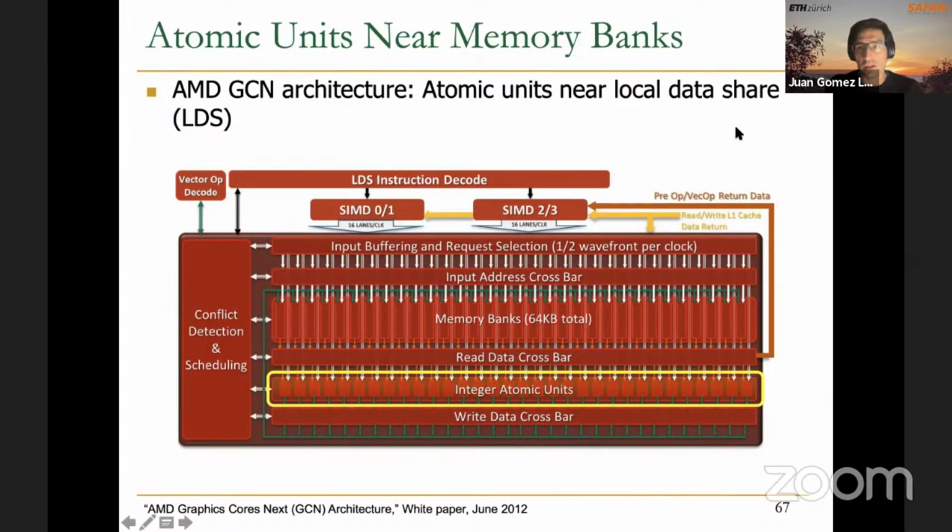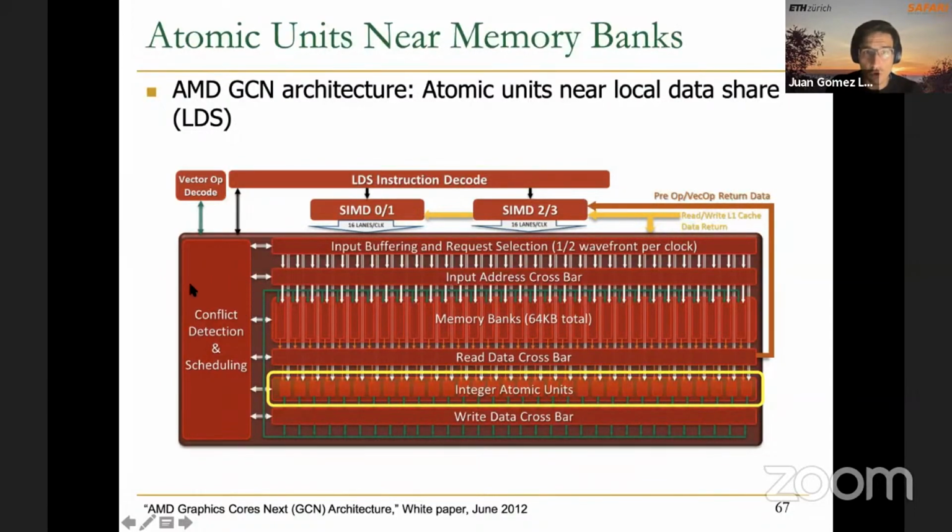In this case, it's not called shared memory. In AMD it's called local data share, as you can see on the screen, or LDS. But this LDS is also composed of multiple memory banks, as you can see on the screen. And near these memory banks, there are some integer atomic units that have direct access to the memory banks, and this way can execute atomic operations much faster.